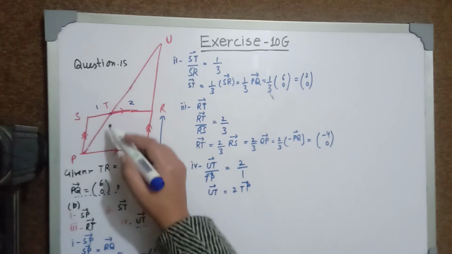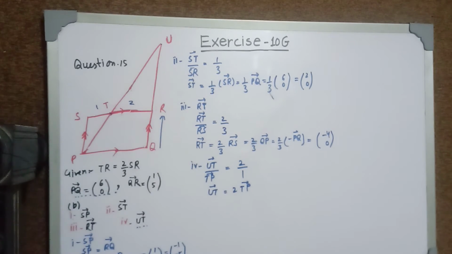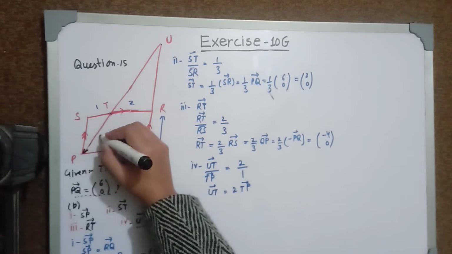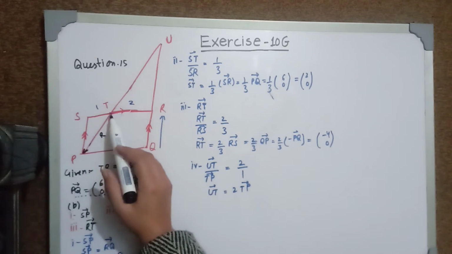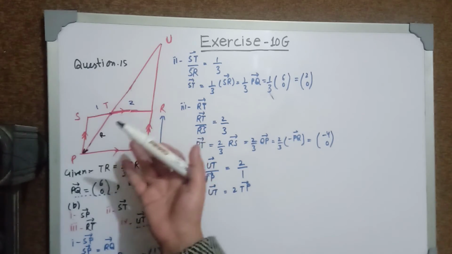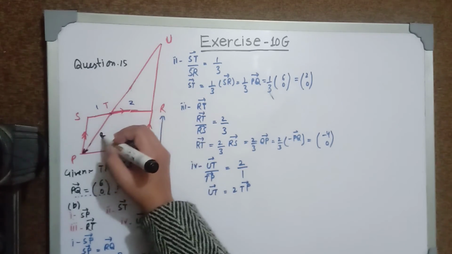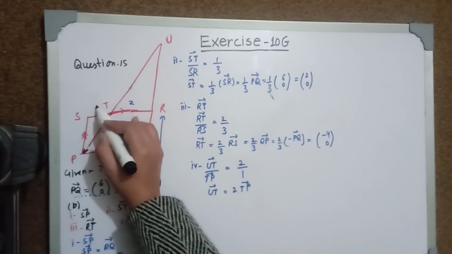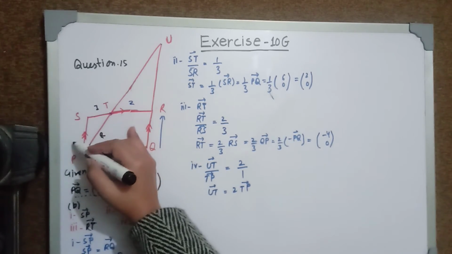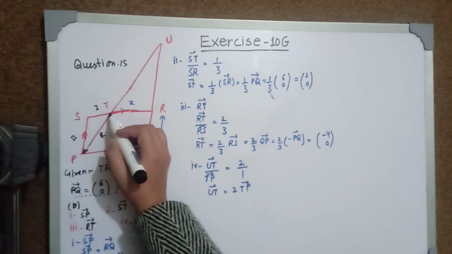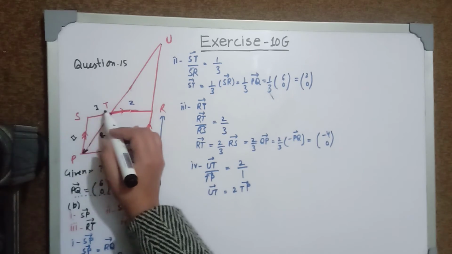Now look at here, TP, whose direction will be from T to P. So this is a resultant vector. I'm going to find it by using the vector addition rule, the head to tail rule. By the head to tail rule, if this is a resultant vector, then this becomes our first vector, and SP becomes the second vector, because the tail of the resultant vector always coincides with the tail of the first vector.